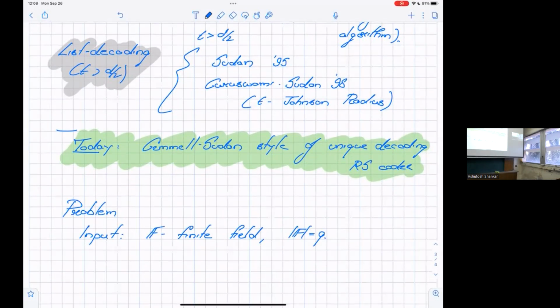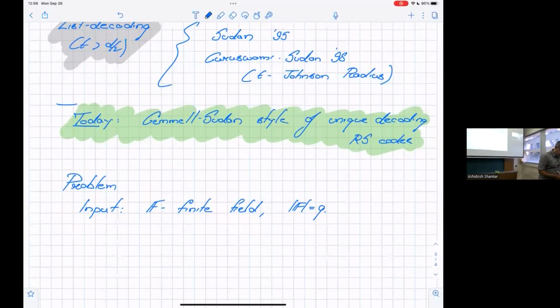That's what I mean when I say given a field. So in particular, I can do addition, multiplication, division, and all of this in the field. Then you're given S, which is a set of evaluation points, of size n.